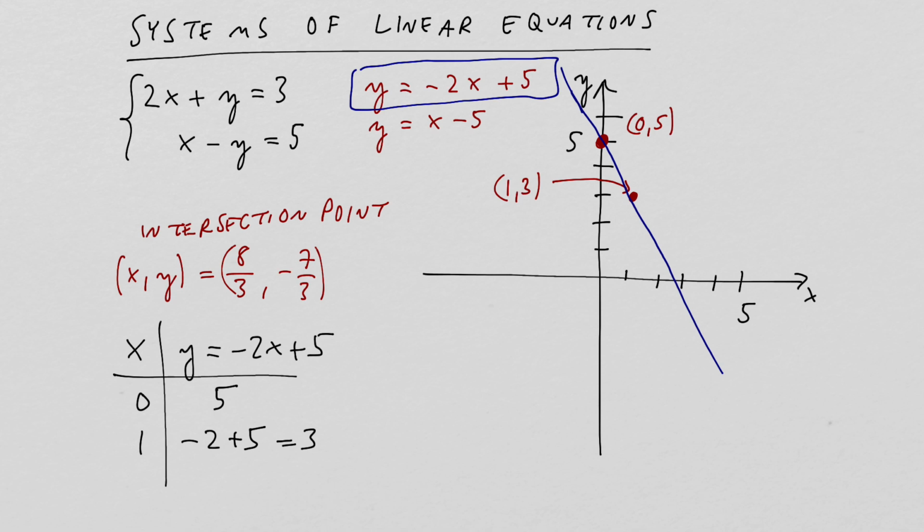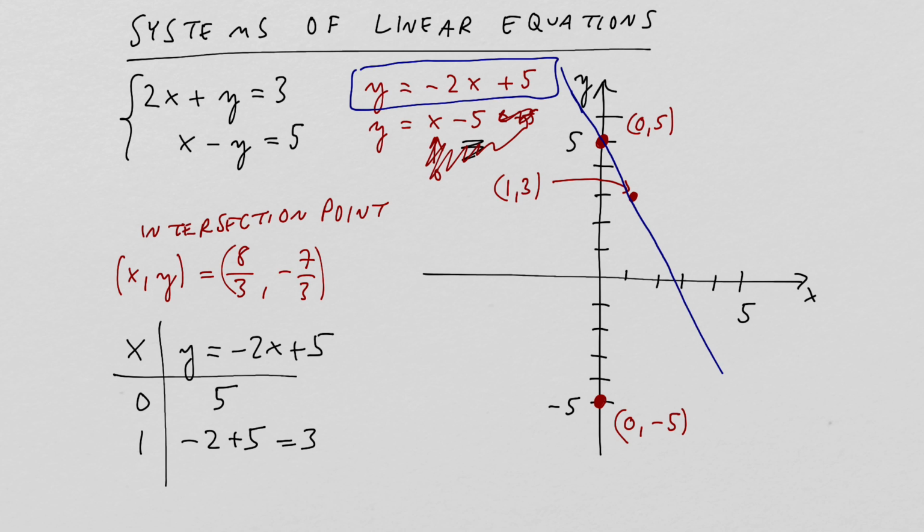Let's then draw another line. It has the constant term minus 5 in the equation, so if we substitute x equal to 0, we get that y is equal to minus 5. Because of this, the line will go through the point 0, minus 5.